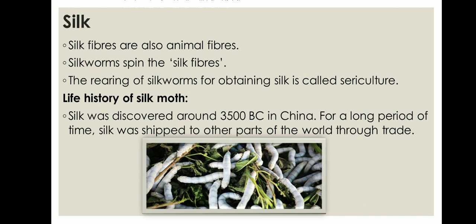In it we'll discuss the life cycle, the life history of the silk moth, as well as how we produce silk from the mulberry plants, right? Silk is an animal fiber obtained from the thread-like filaments spun by silkworms.